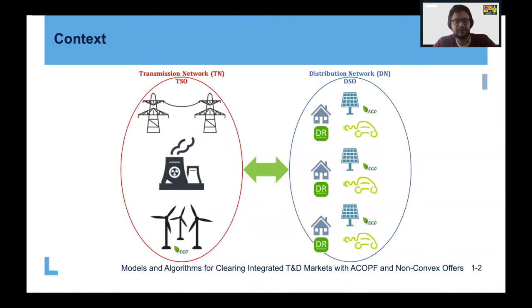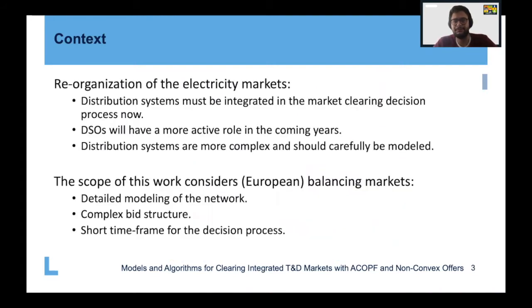But now, with the integration of renewables such as wind or solar PV, power can be generated on both the transmission and distribution side, which means that we need to reorganize the way we organize electricity markets. So now the distribution system must be integrated in the way we clear the markets.